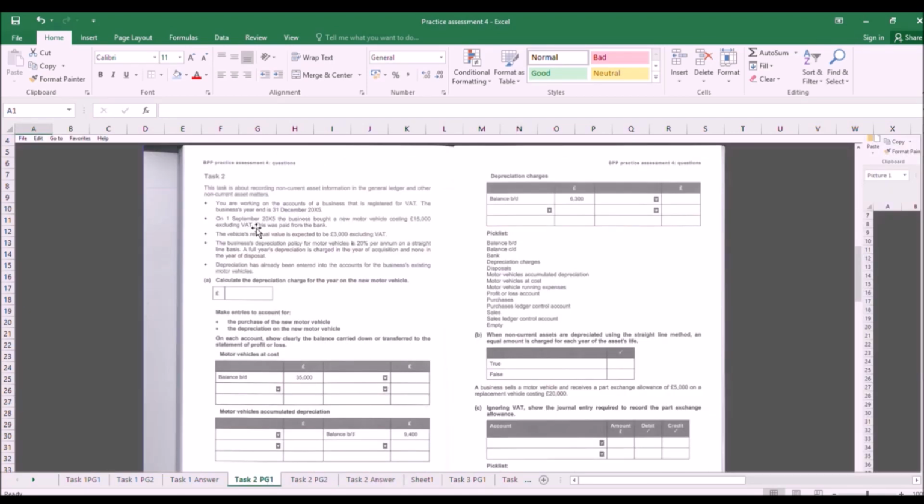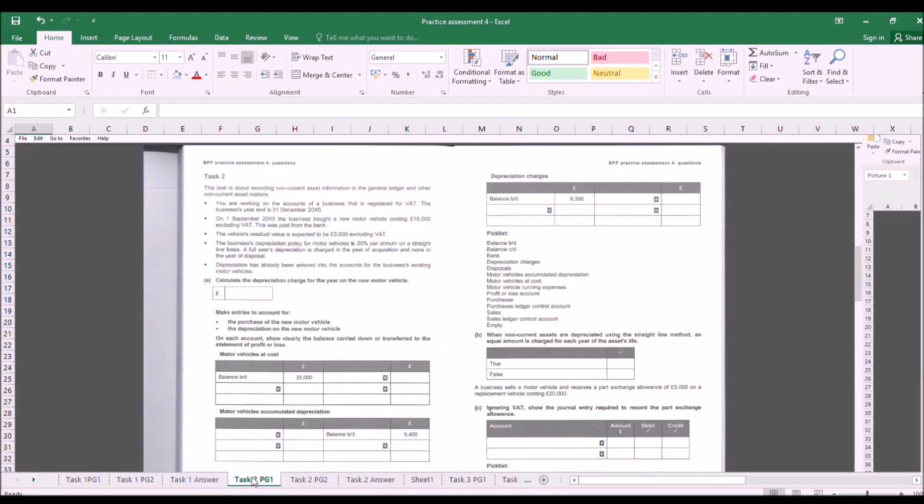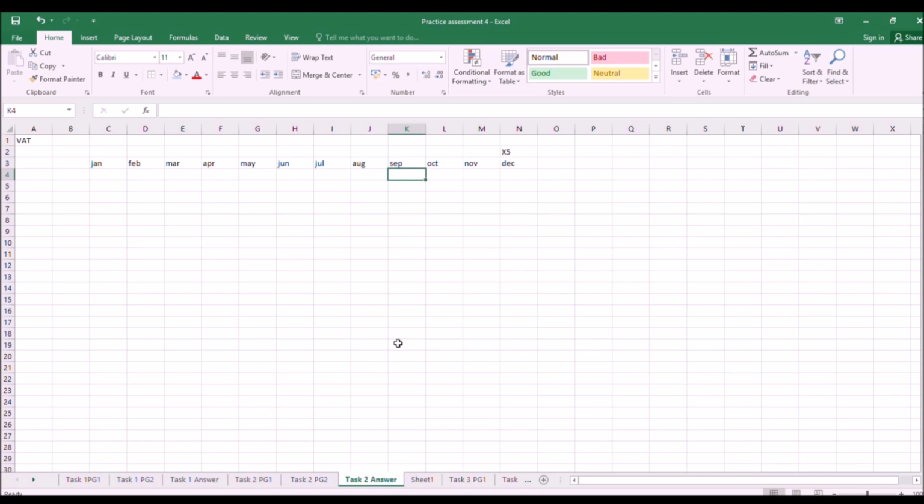Right, so on the 1st of September, the business bought a new motor vehicle costing £15,000, excluding VAT. This was paid from the bank. So on this one we've got car, £15,000 net.